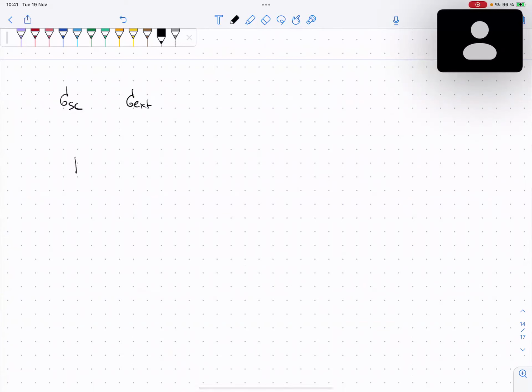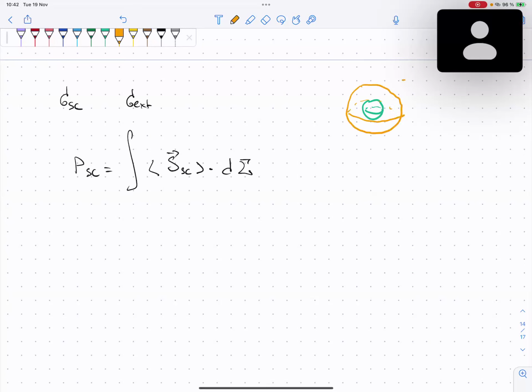We remember that, for example, scattered power can be calculated as an integral of the time-averaged Poynting vector of the scattered field over some closed surface. So for example, we have our sphere and we close it with some spherical surface, which we call sigma.